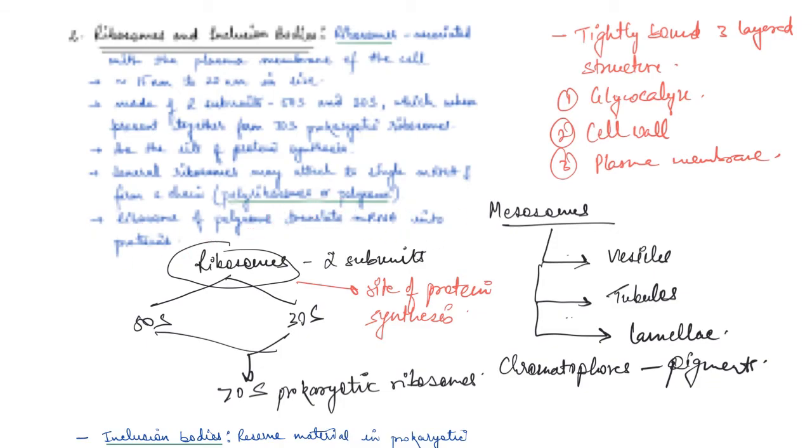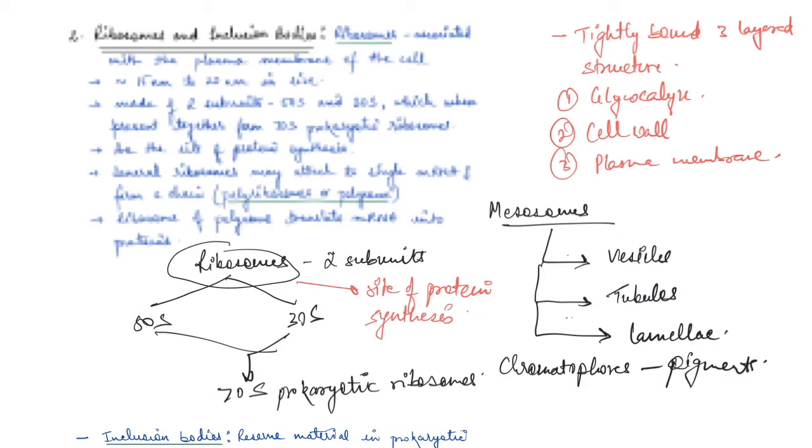Here comes the translation process, which we'll cover in class 12th. So mRNA actively participates in translation, where the RNA is translated into proteins, into polypeptide chains. So these polyribosomes help in translation, right? Now this is all about ribosomes.